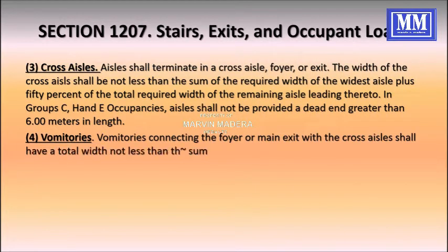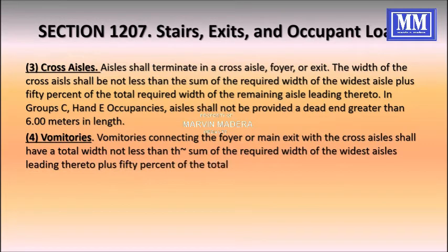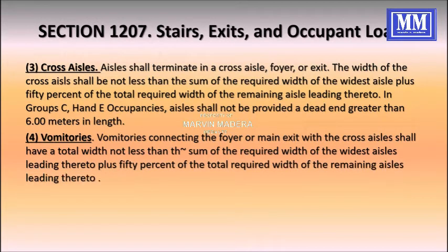Vomitories. Vomitories connecting the foyer or main exit with the cross aisles shall have a total width not less than the sum of the required width of the widest aisle leading thereto plus 50% of the total required width of the remaining aisles leading thereto.